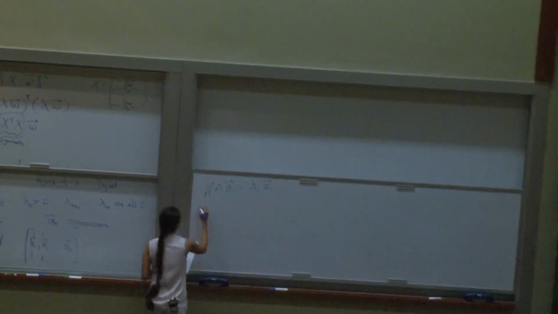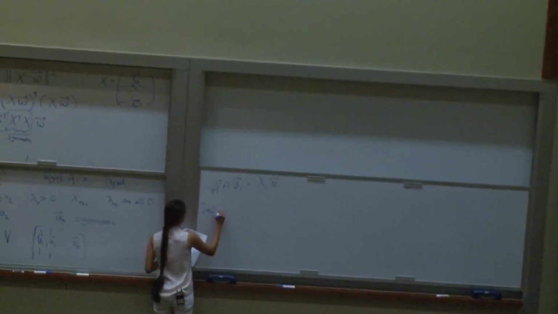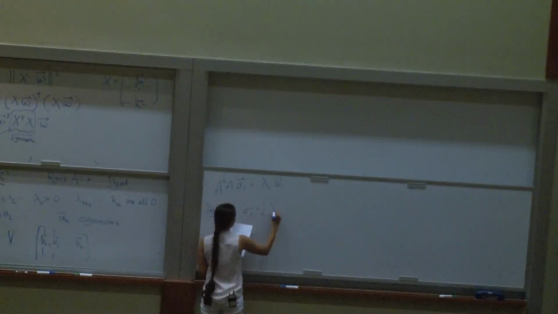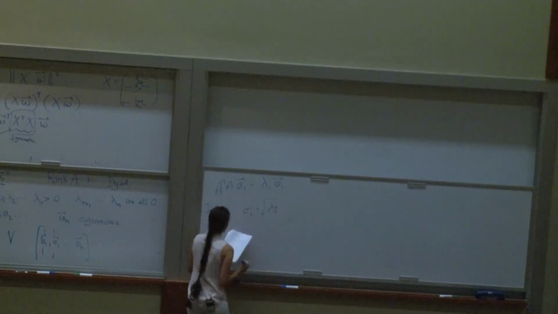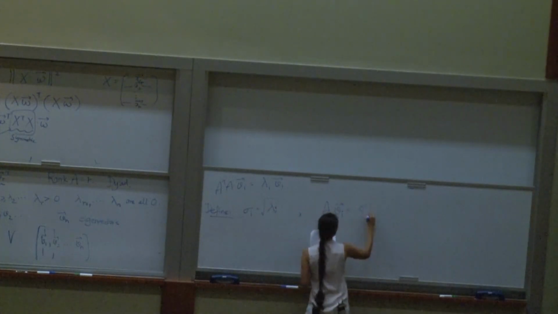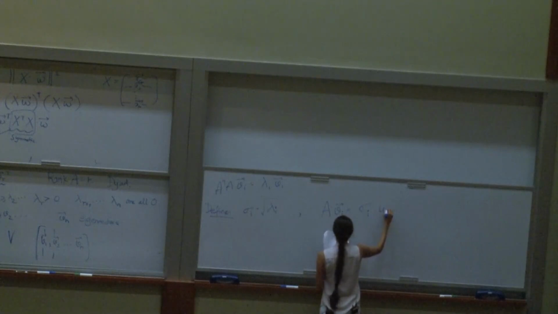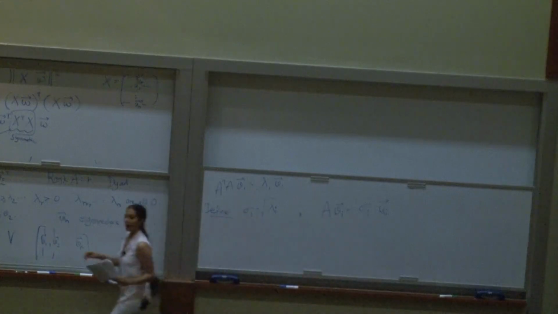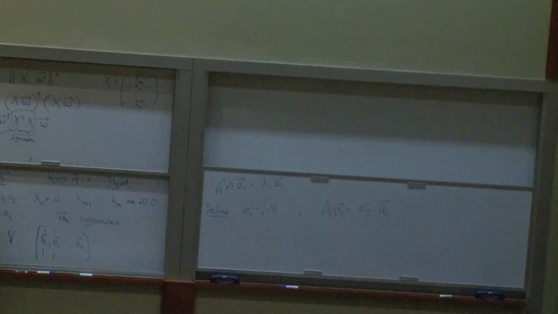And so now I define sigma i to be equal to the square root of lambda i, and I define A times vi to be equal to sigma i times some other vector ui. A transpose A times V gives me some nice properties; it preserves null spaces in a sense.